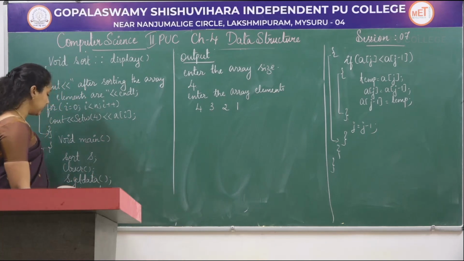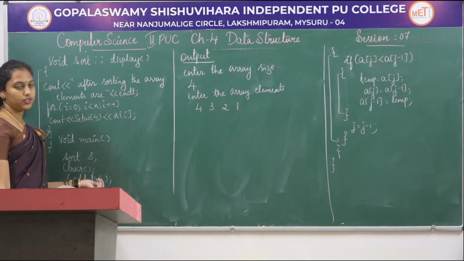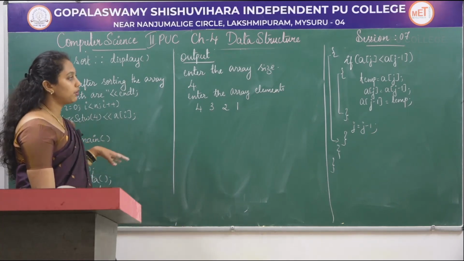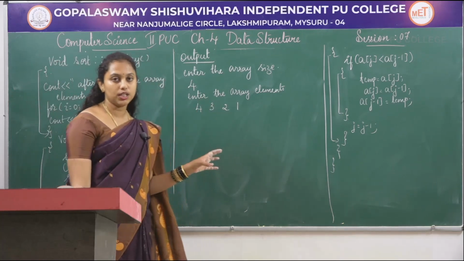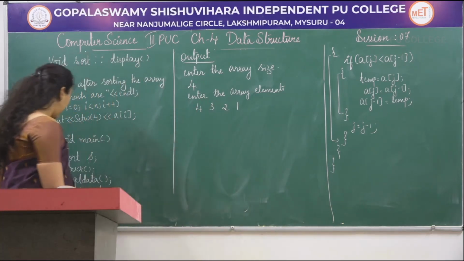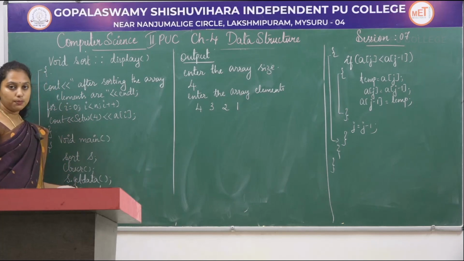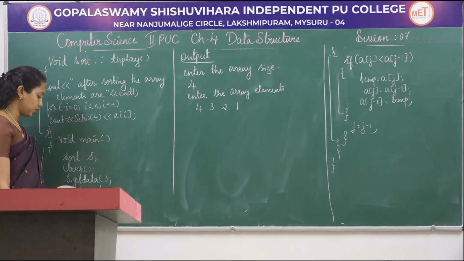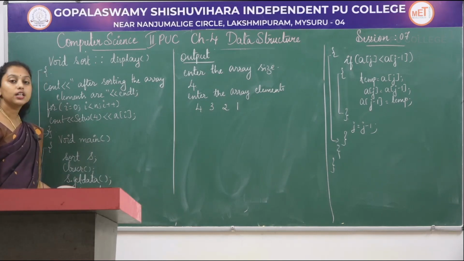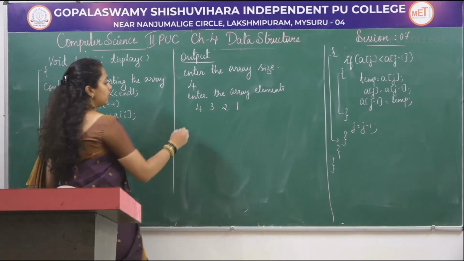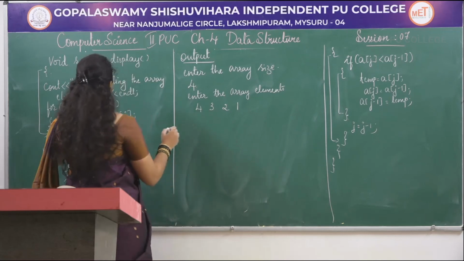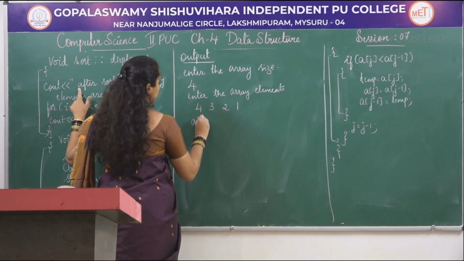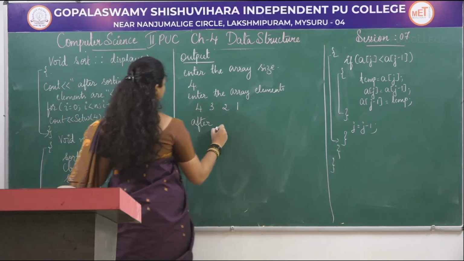Next it will call the compute function. In the compute function it will perform the comparison operation. After performing the comparison operation, we are going to display the array elements using the display function, which we have called here. In the display function we display the array elements after sorting.